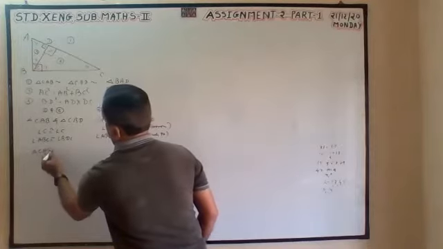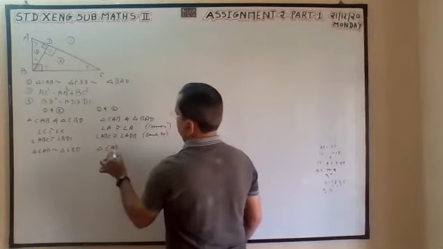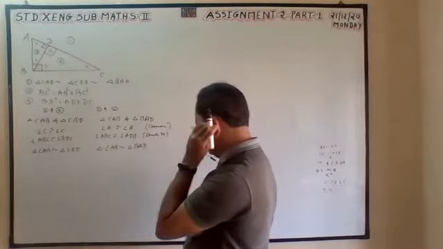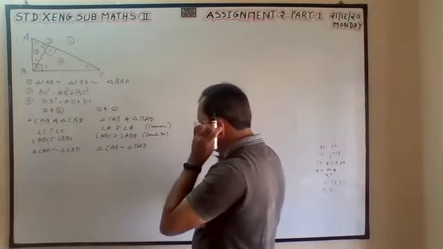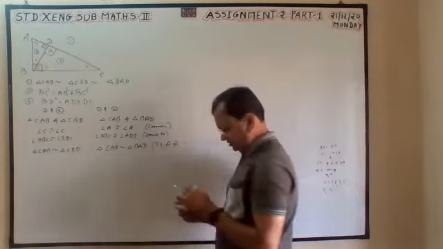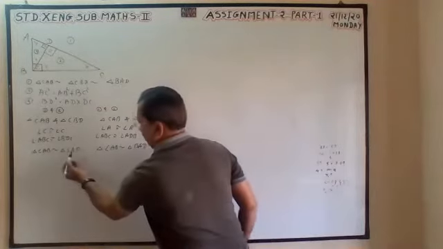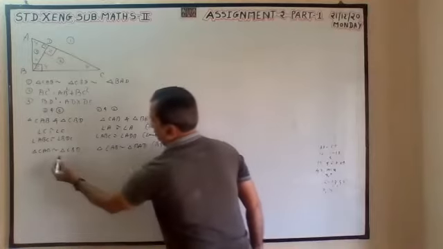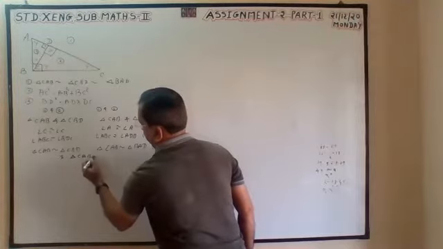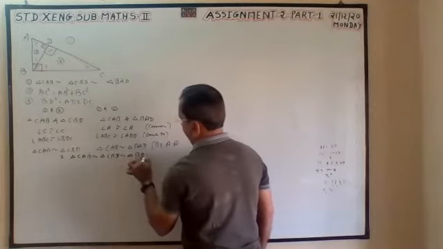Triangle CAB is similar to triangle CBD. Triangle CAB is similar to triangle BAD. By AA test. If first is similar to second, and first is similar to third, the first proof is completed. CAB is similar to triangle CBD, similar to triangle BAD.